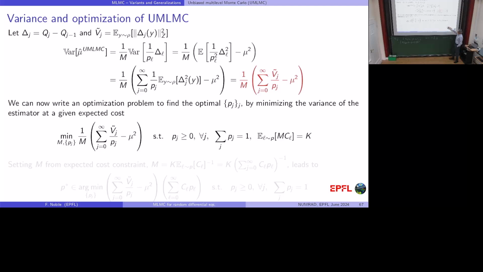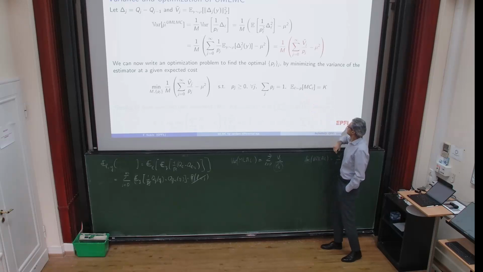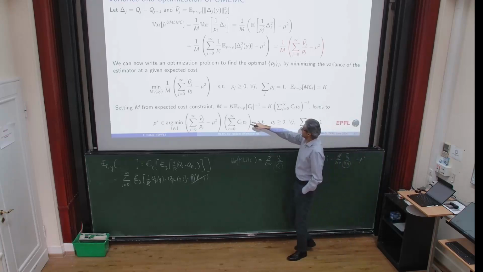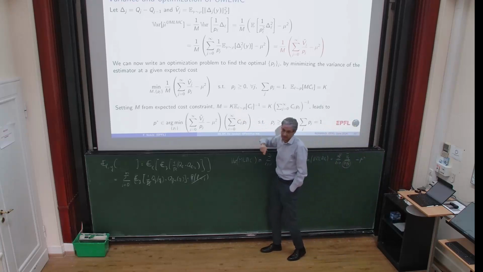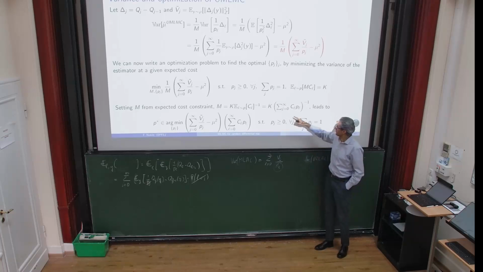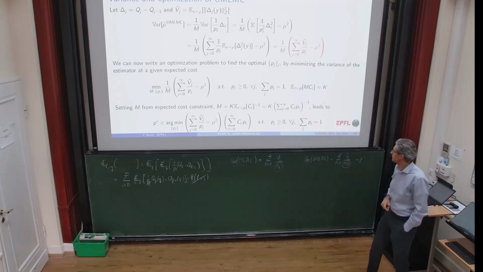Now, from here, I can directly get what M should be if I want to meet the budget. M should just be taken as the overall budget divided by the expected cost. And the expected cost, again, is this infinite sum of the unit cost. Sorry, there is a typo, it should be J. That's the unit cost on level J times the probability of drawing level J. Okay?